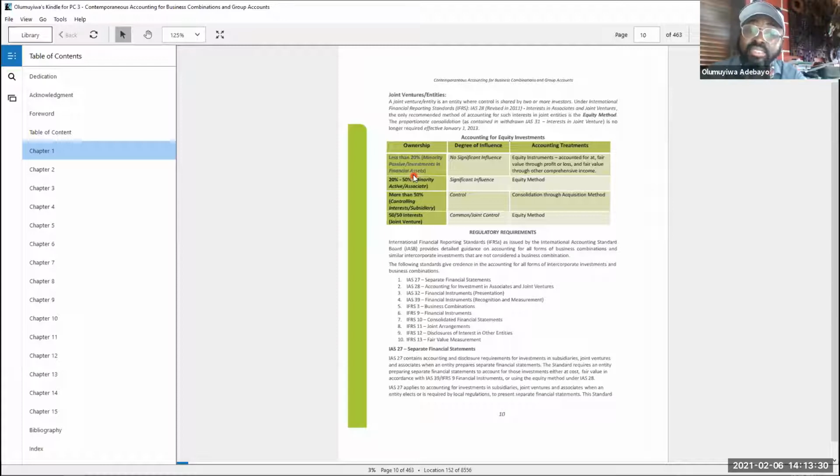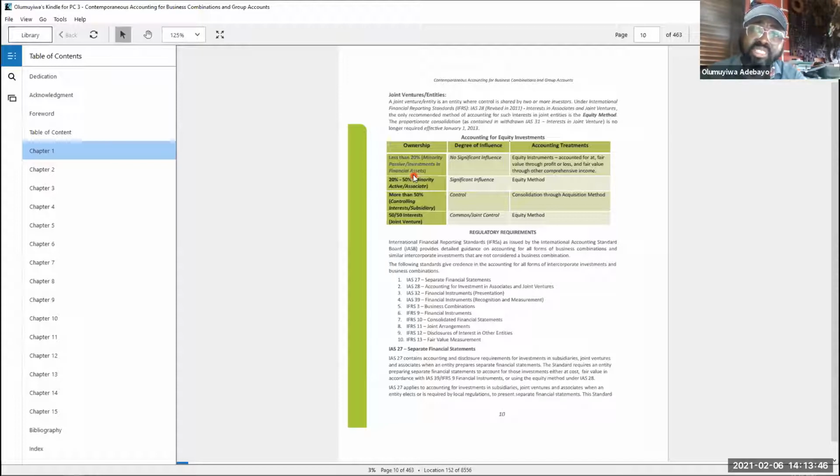Okay, and secondly, there are situations where your investment might cross 20%, but it's not up to half or more than half of the voting rights. What constitutes voting rights is your interest in the shares of an entity.